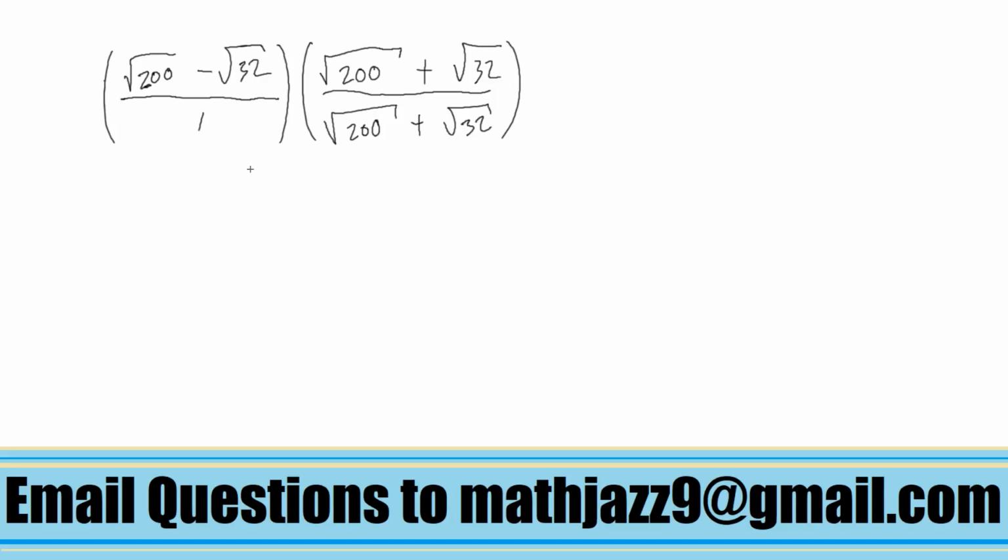And that was the whole goal, to try and figure out the value of this expression. So this is not changing any values, but it's going to have some interesting properties. When I multiply across, 1 times square root 200 plus square root 32 is going to be just itself. Square root 200 plus square root 32.